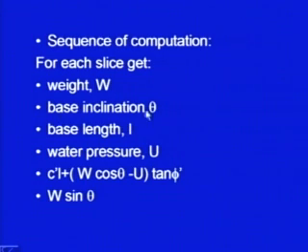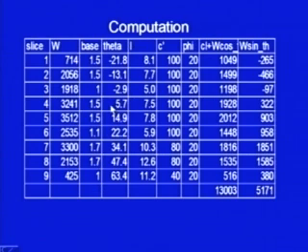Then the base length: either the circular arc or you can take the chord length. Then water pressure is equal to U into L. Then compute C dash L plus W cos theta minus U tan phi dash, and compute W sin theta for each of them. Here I have shown the computations.